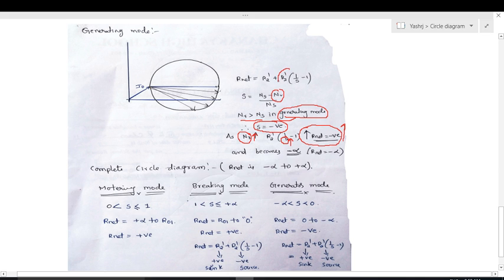Under generating mode, the machine generates current, so this value becomes more negative, meaning more current will be generated. So as the speed increases, look at this.